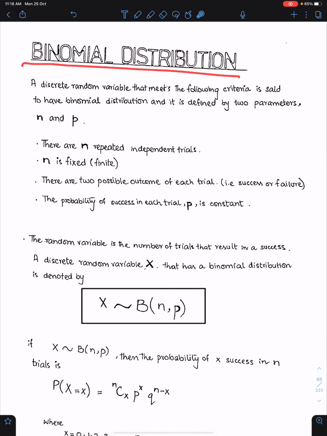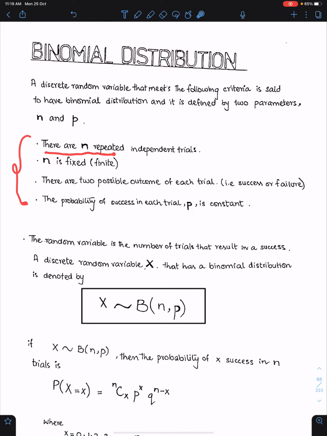The binomial distribution. A discrete random variable that meets the following criteria is said to have binomial distribution, and it is defined by its two parameters n and p. N means fixed number of trials and p means probability of success. These are the conditions for binomial model.